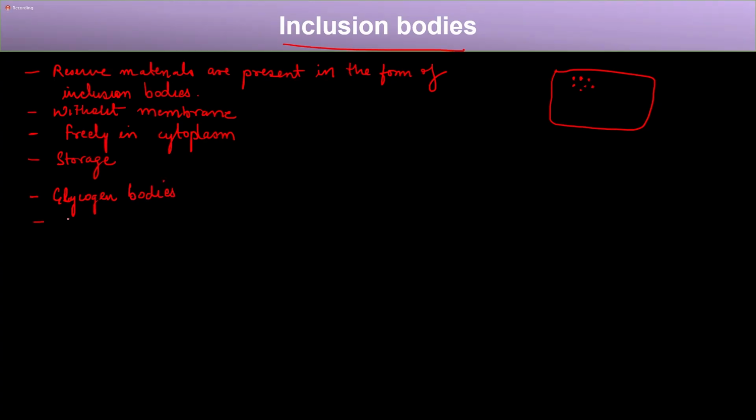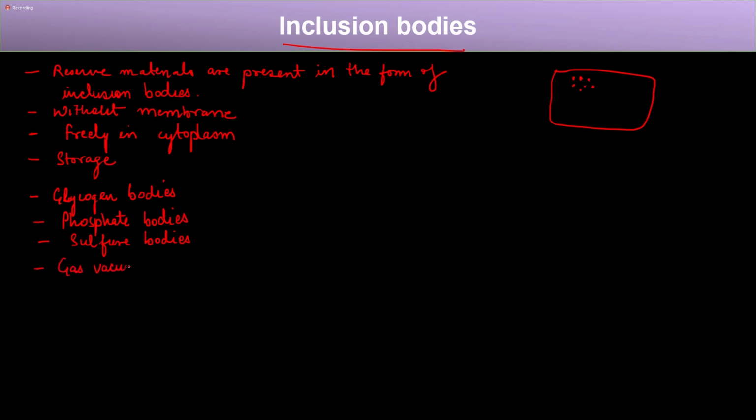If it has phosphate in it, it will be called phosphate bodies. And if it has sulfur in it, it will be called sulfur bodies. Apart from this, certain bacteria have inclusion bodies that are also called gas vacuoles.